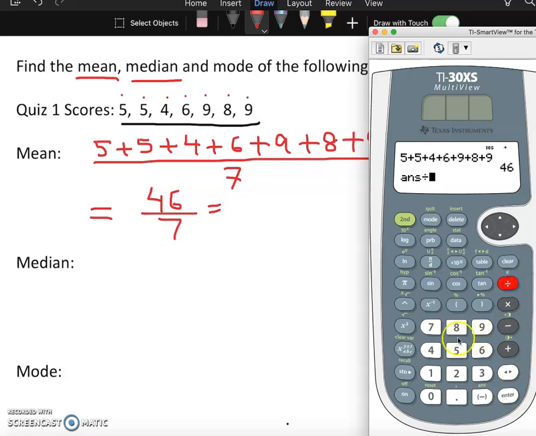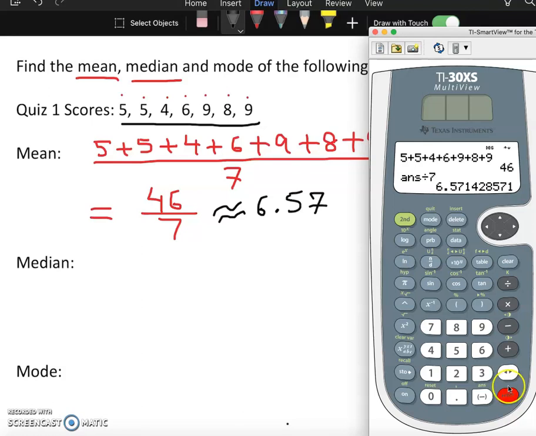Now divide by 7, which is going to give us 6.57, approximately. That is our mean, arithmetic mean, or middle of that data set.